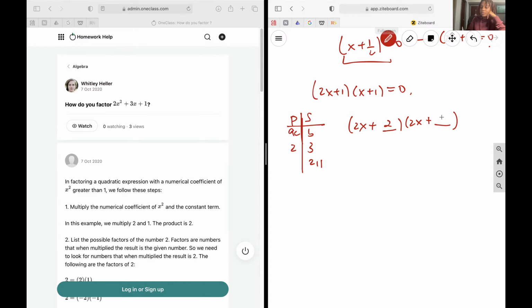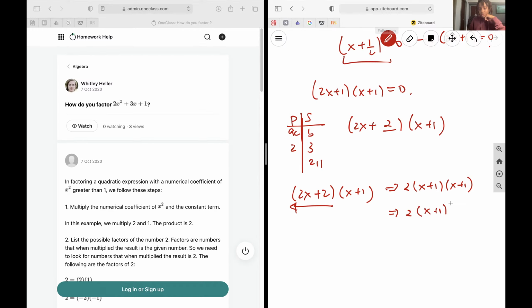So 2x plus 2 multiplied, my apologies. The other factor is x plus 1. Okay, now when I do this, I can already tell this is wrong, because if I divide out the common factor of 2 here, I'm going to get 2 by x plus 1 by x plus 1, which is 2 times x plus 1 squared.